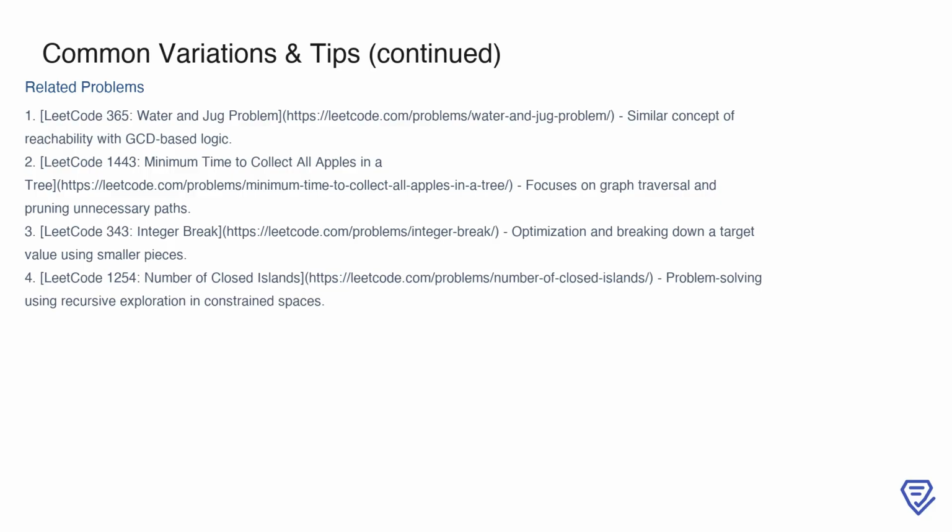LeetCode 343, integer break, involves breaking down a target value into smaller components, which is analogous to reducing (tx, ty) step by step. Lastly, LeetCode 1254, number of closed islands, explores recursive problem solving in constrained environments, similar to how this problem requires careful validation and pruning.